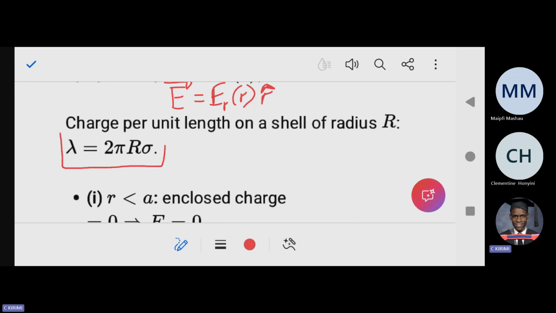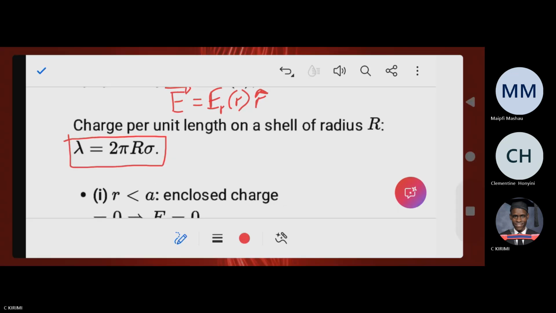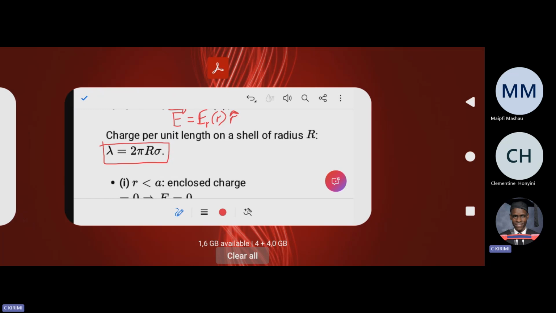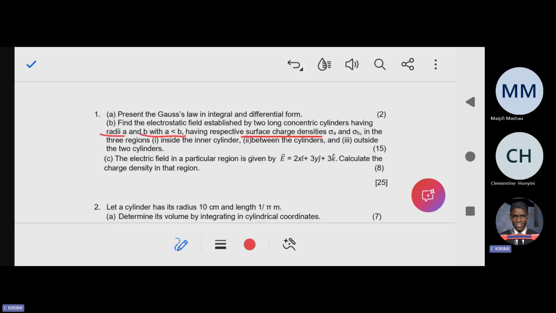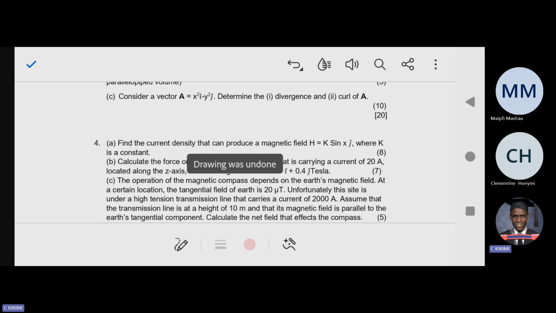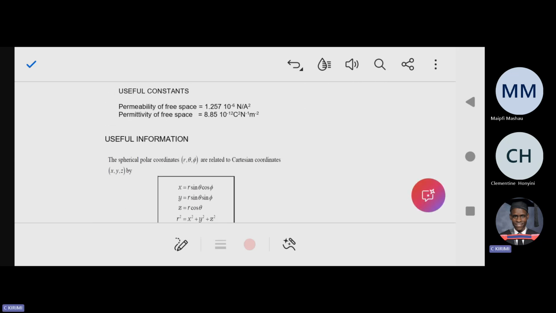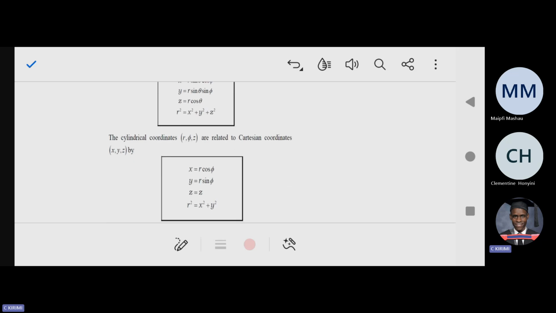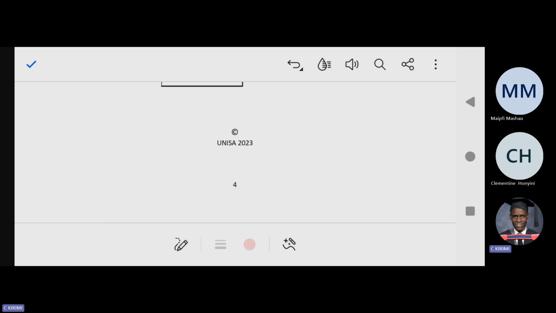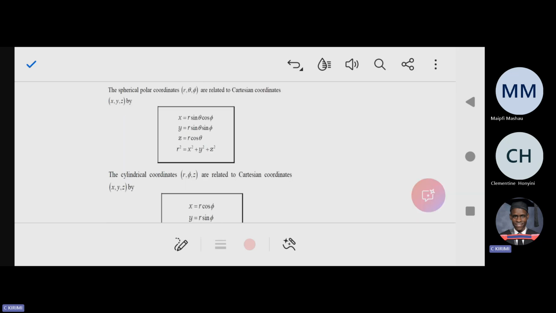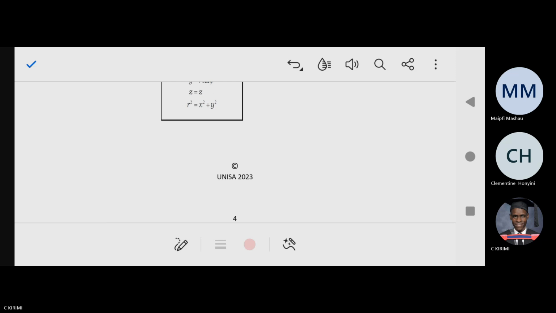This one, was it given on the formula sheet? So from now, you must note the formulas that you are given so that when you are calculating, you know which ones you must bring yourself. So we are checking for that lambda, 2 pi R multiplied by the charge density. It was not given. Can you see? It's not here.